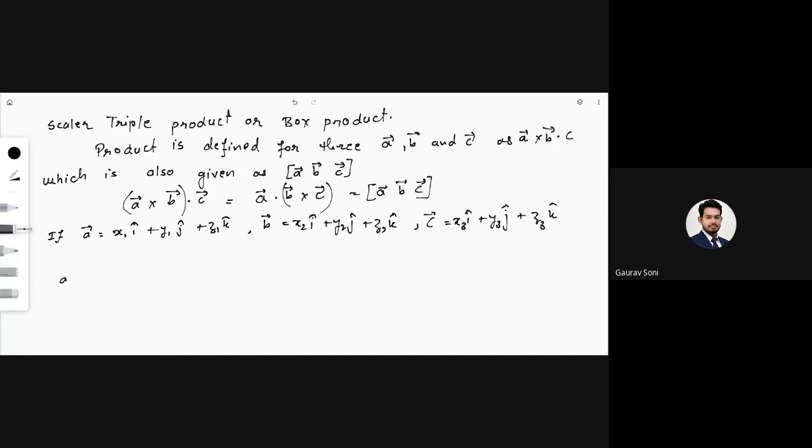So a bar dot b bar cross c bar is equal to a bar b bar c bar. This is given by the determinant with rows x1, y1, z1; x2, y2, z2; x3, y3, z3.